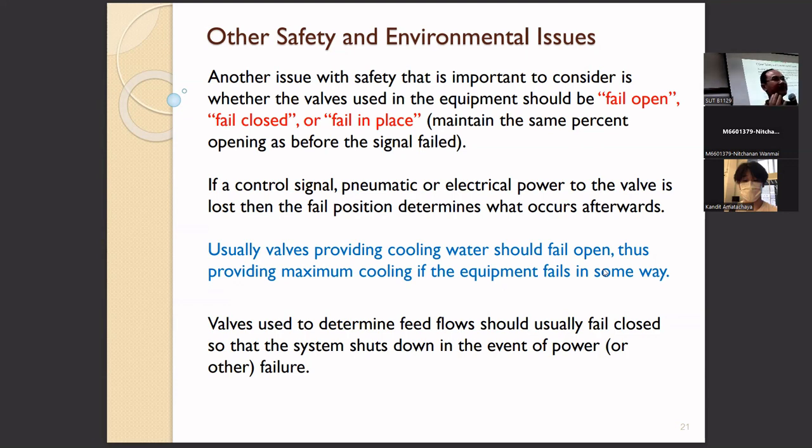This means fail closed. If your system is higher than the standard or the limit, it will fail open to release some gas, for example.